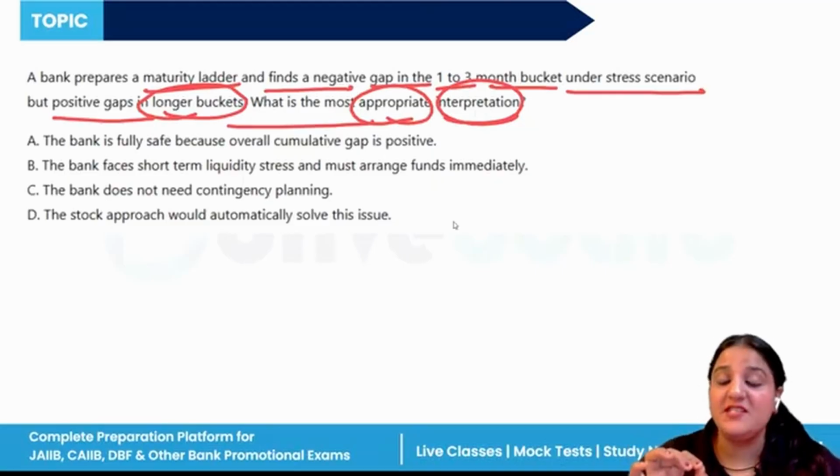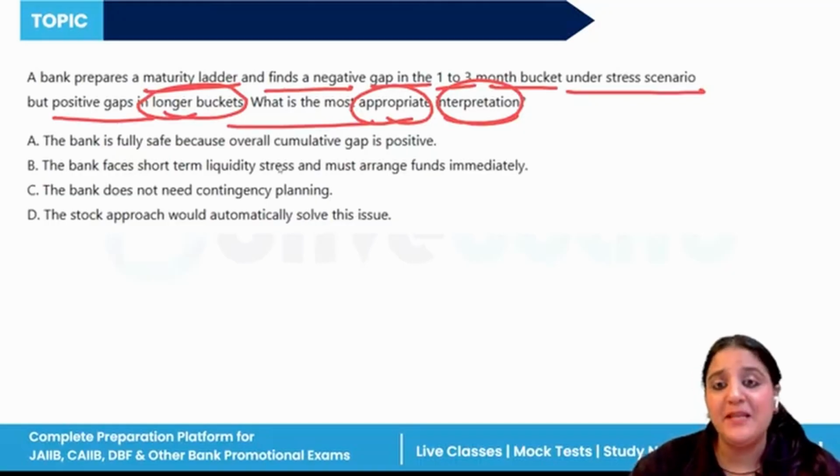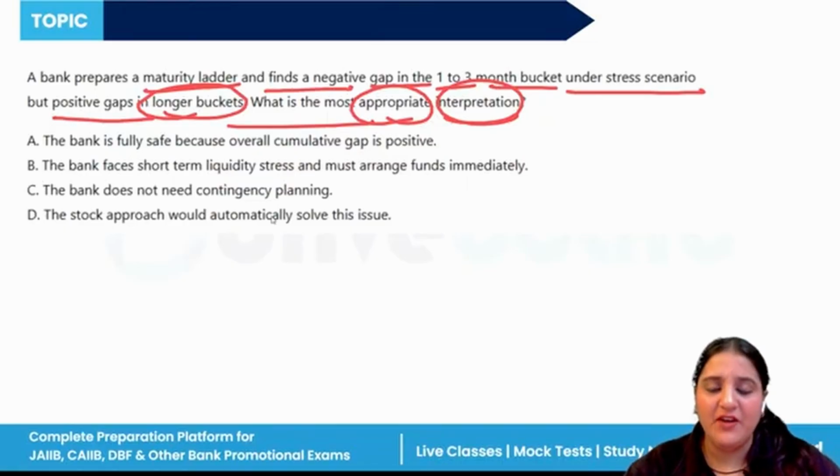He also estimates how many depositors may withdraw early. He prepares different scenarios such as normal, stress, and crisis conditions. This is like preparing a monthly budget at home. You list your salary inflow and your expenses month by month, and if you see a deficit, obviously you plan in advance, right?